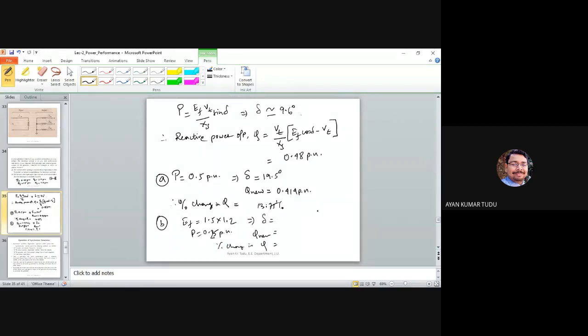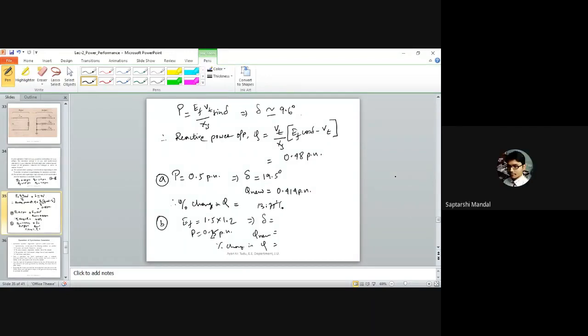Tell me the values. Yes, what is the value of delta?